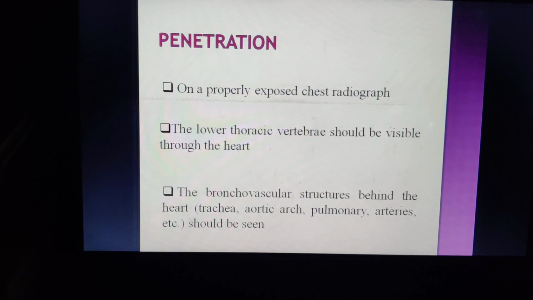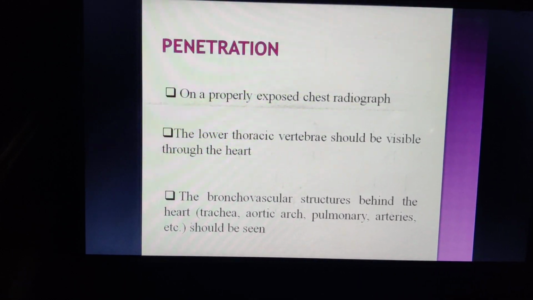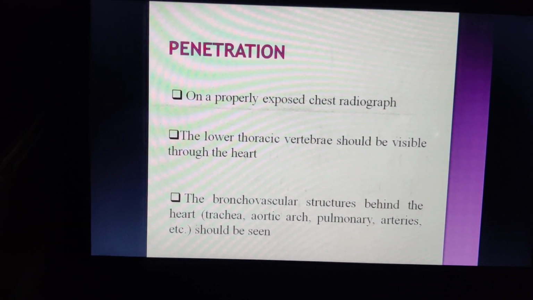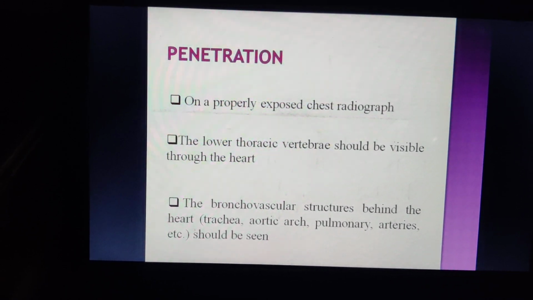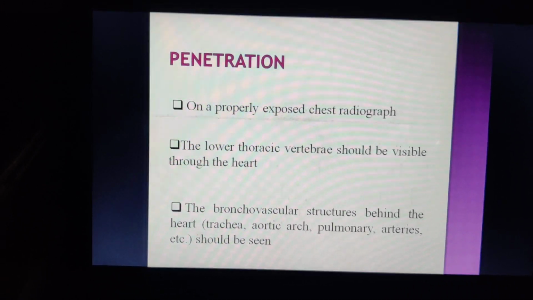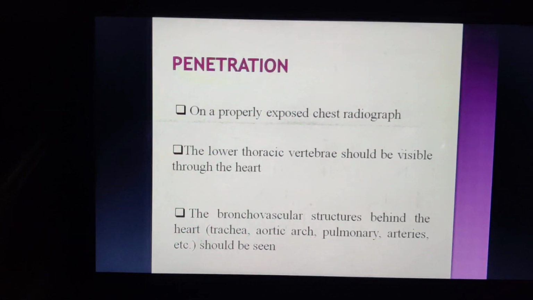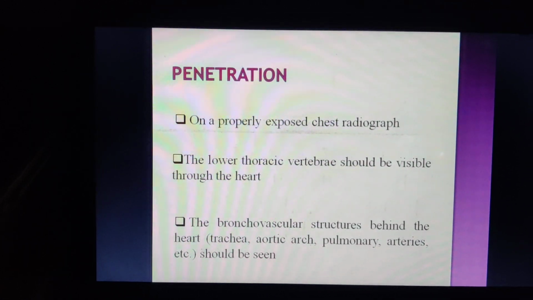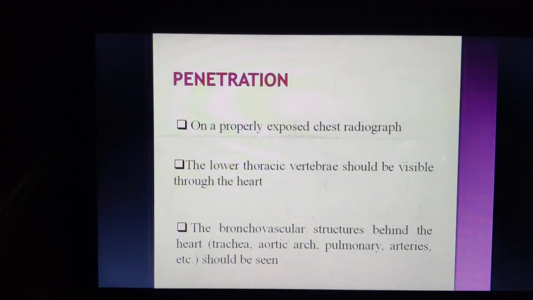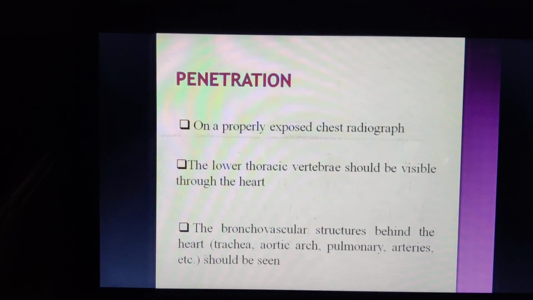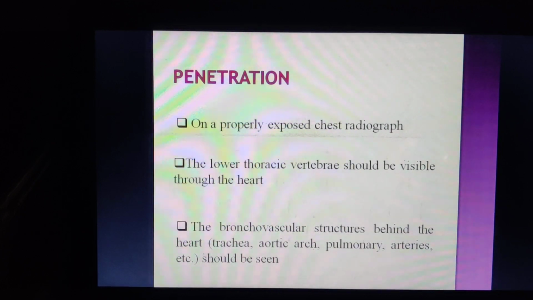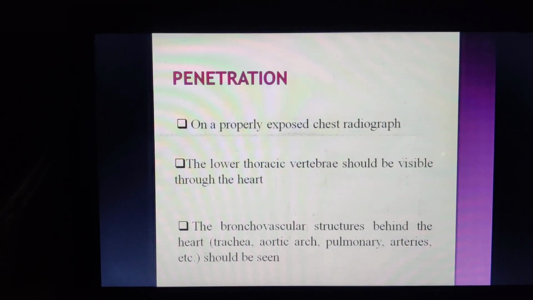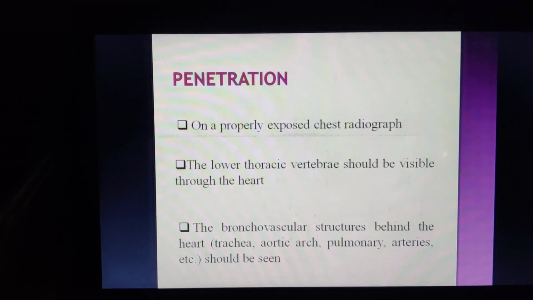In a well exposed X-ray, the first 4 thoracic vertebrae are seen and the others are hidden by the cardiac shadow. If more than the first 4 thoracic vertebrae are seen, if the 5th and 6th are seen, then we can say it is overexposed.